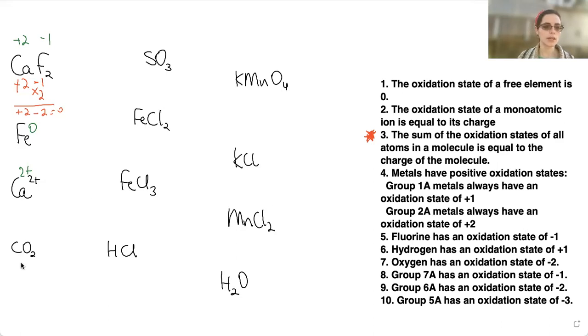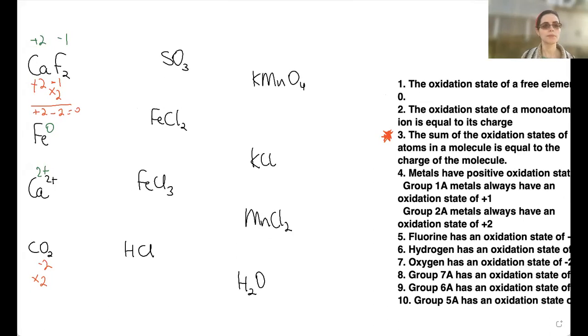So I will assign -2 to oxygen, but then I have to multiply it by 2 because we have 2 oxygens. Sorry, my screen just moved. And now I have -4 total coming from oxygen.